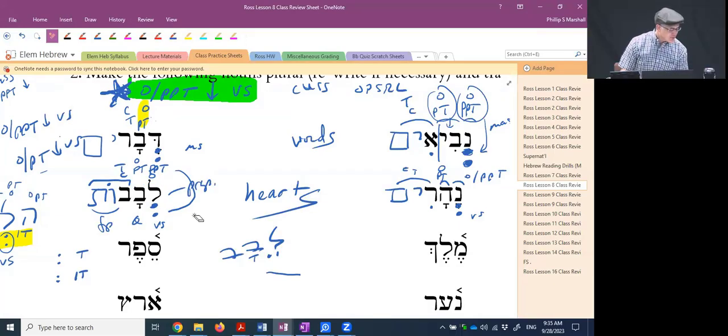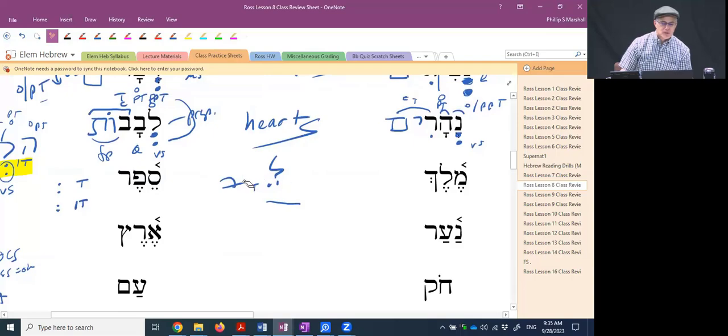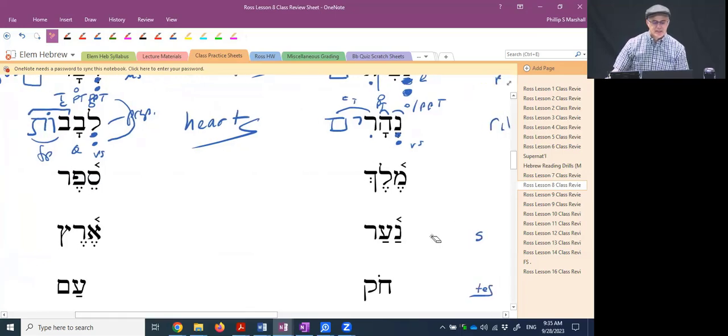Now, on these next four, we're dealing with the same issue in all four of these. Notice that I have accent marks on melech, na'ar, sefer, and eretz. What kind of nouns are these based on our lesson overview?